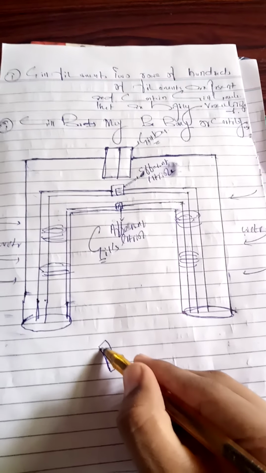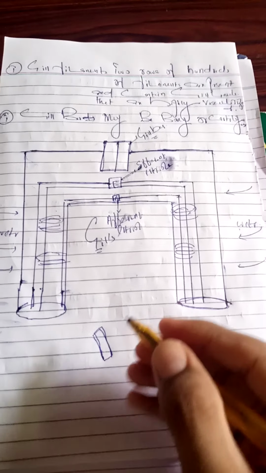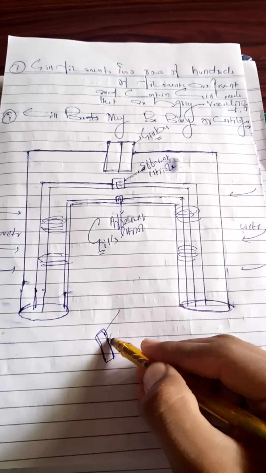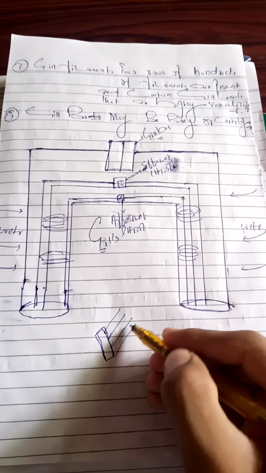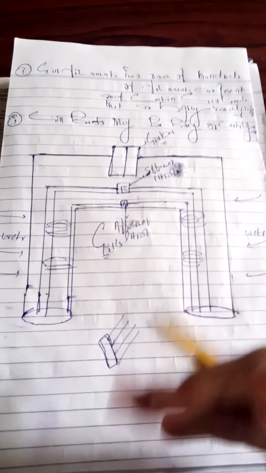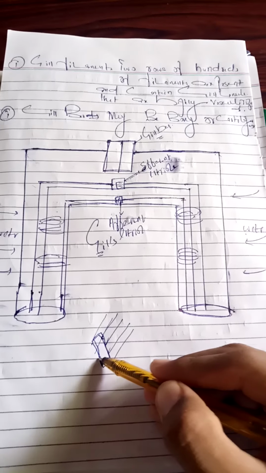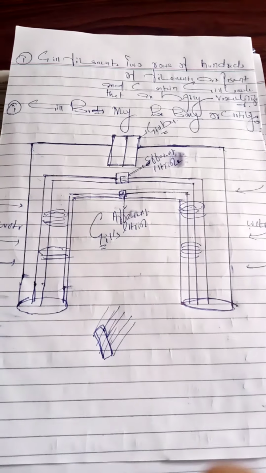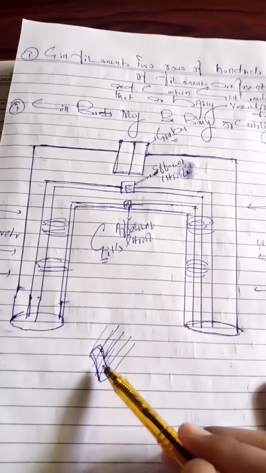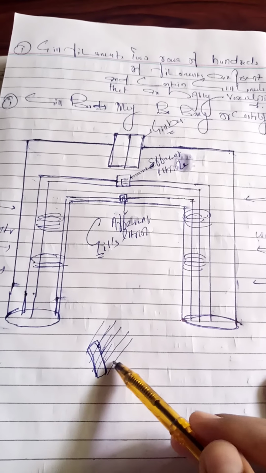This is the gill bar. This is one row of the filaments. There is also another row. Like this is a gill bar or gill arc, and these are the filaments.